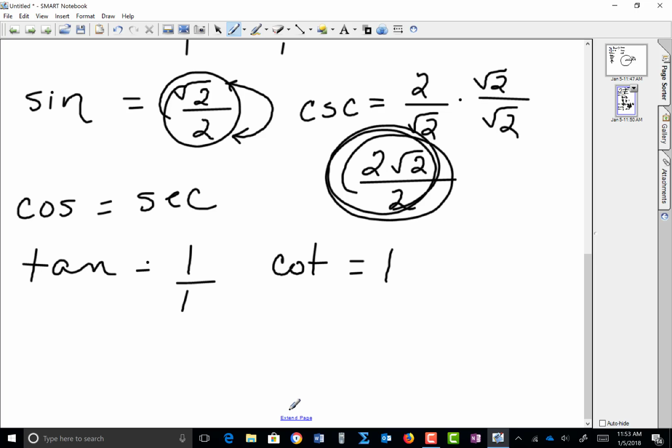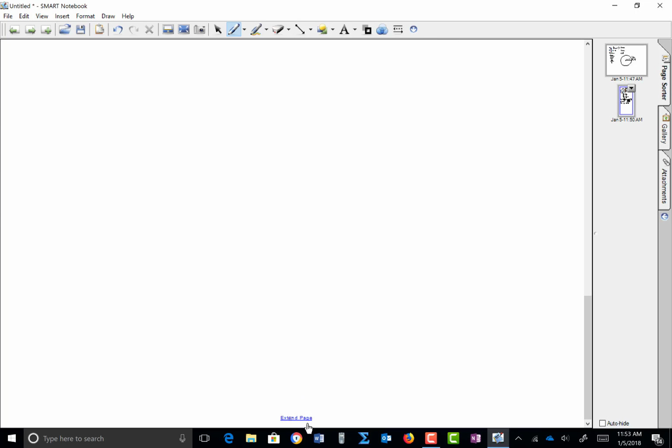So let's do another one. Let's pull out our unit circle and do another one, because your unit circle has all those ordered pairs on it. So let's look at one of them so that you can see what we're talking about.